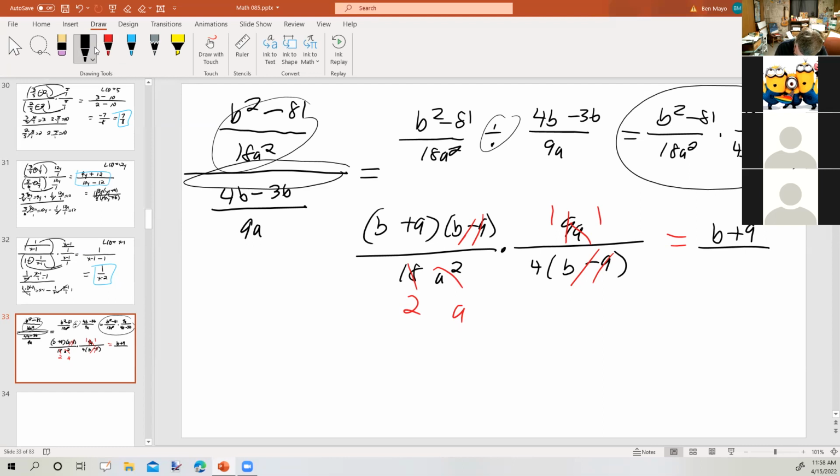In the denominator, I've got 2 times a times 4, which is 8a. Any questions about that? No.